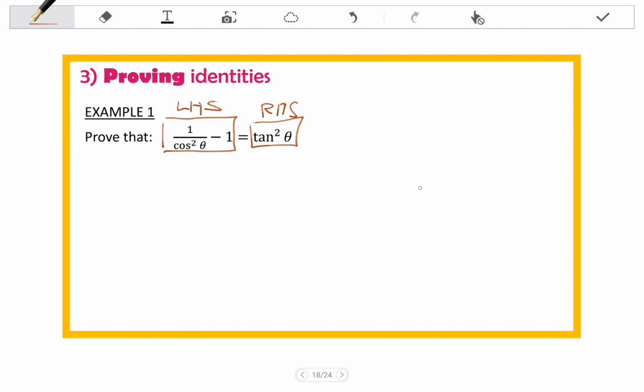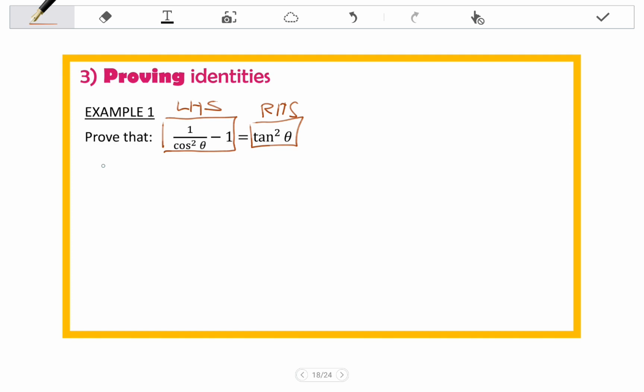Now to do that, you cannot start off with having the one side equal to the other side straight away. Okay, so split them up and start with one side and simplify it as far as you can until you either equal the other side, or if you can't equal the other side, you start working with the other side, say the right hand side, and simplify that, and you would end up with the same expression.